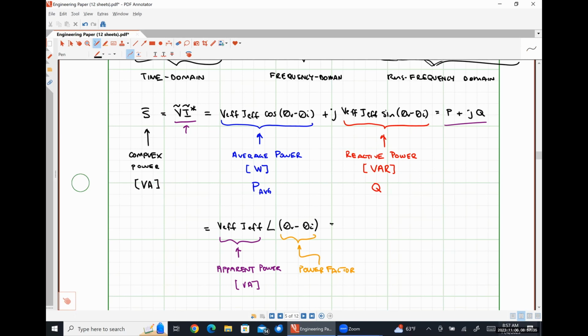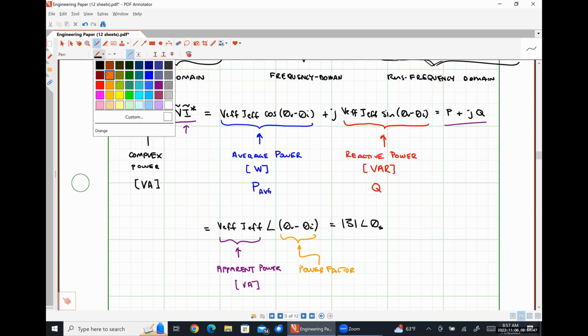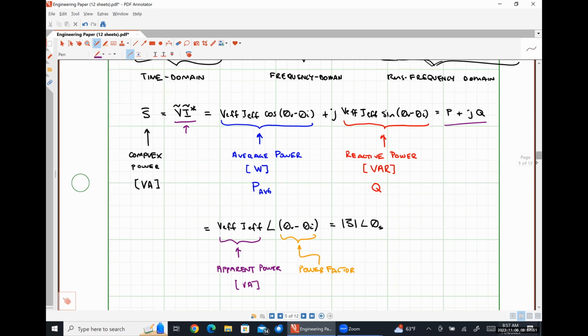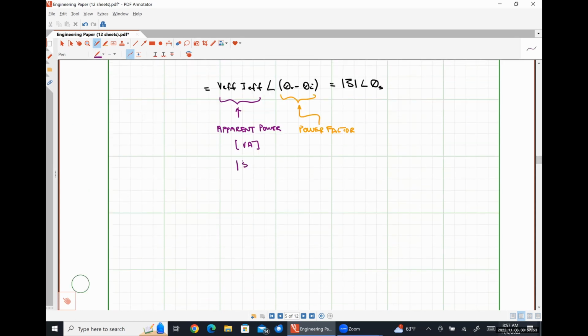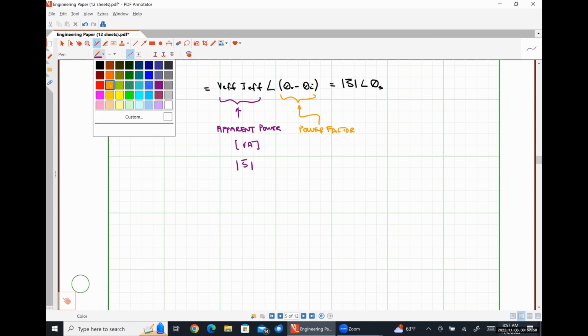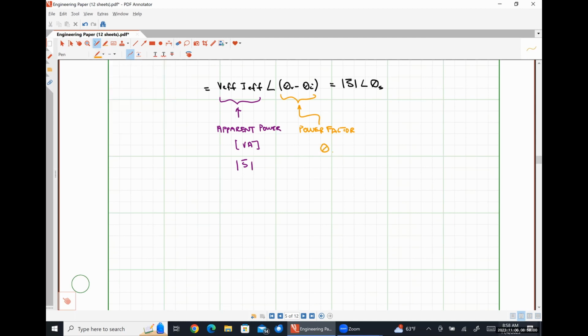In a simplified form, this is simply the magnitude of our complex power S, angle theta S. The symbol for our apparent power is literally just the magnitude of S, because that's all that it is. And the symbol for our power factor angle is just theta S.